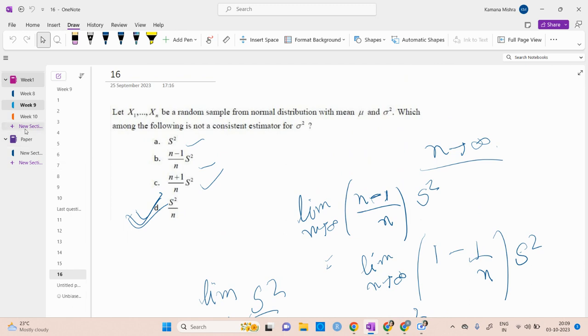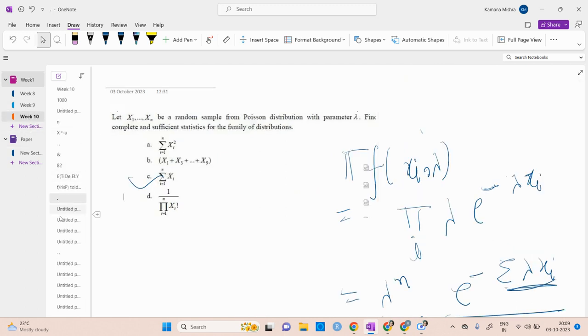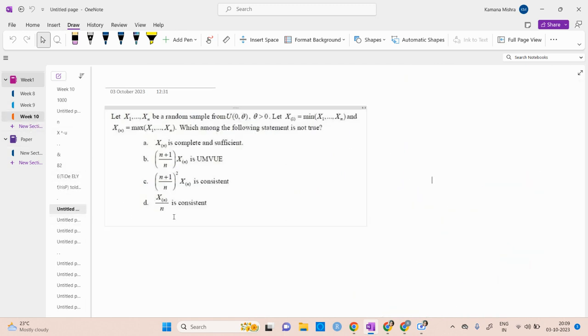So now we will see which multiplication of this one is consistent. So for Xn, we need to check.